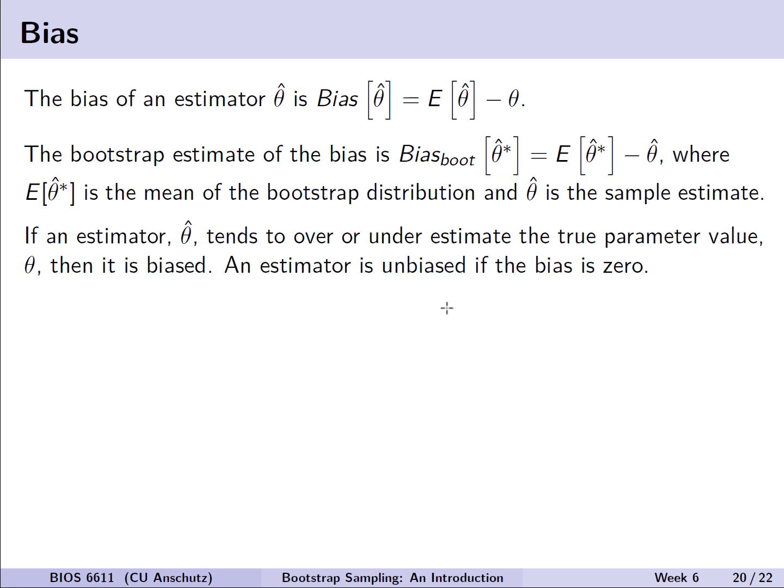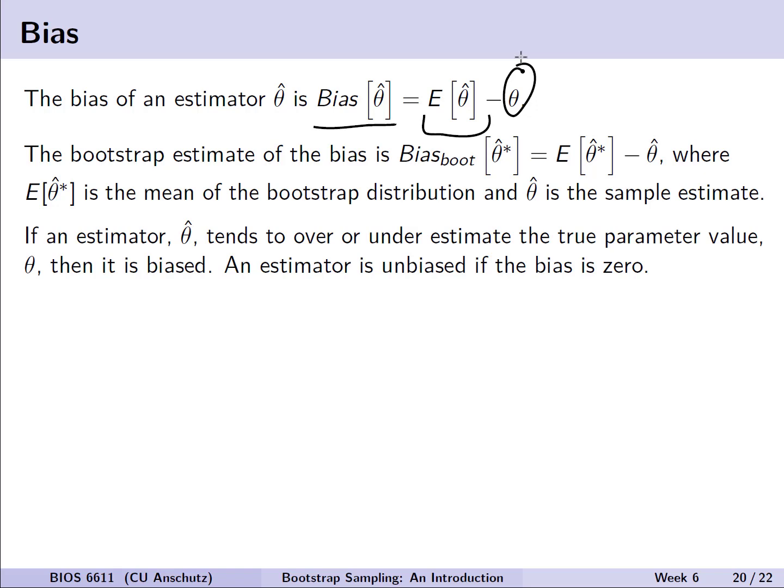So again, let's just briefly define bias in a more formal manner. The bias of some estimator theta hat, so this could again be something like the sample mean, variance, ratio of means, or something else, can be represented as the bias of theta hat is equal to the expected value of theta hat, that theoretical true value, minus then the truth theta.